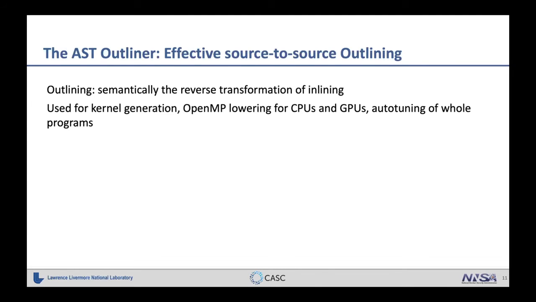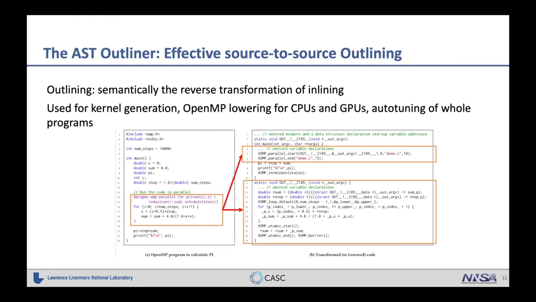Let's say for an OpenMP implementation, quite often they have to outline the loop body, as you can see on this slide, for this loop annotated with OMP parallel for. Most OpenMP compilers will actually extract this loop into a separate function, and in the original place, some OpenMP runtime library function calls will be inserted.